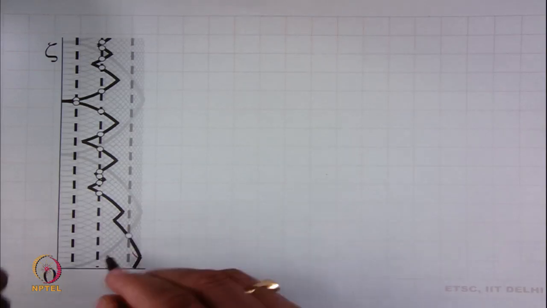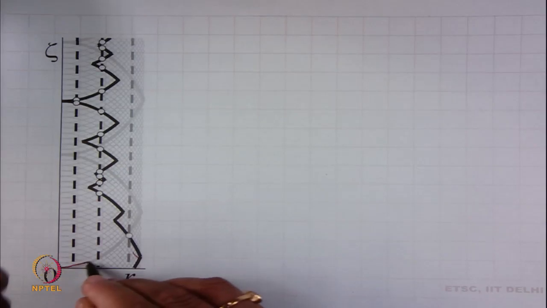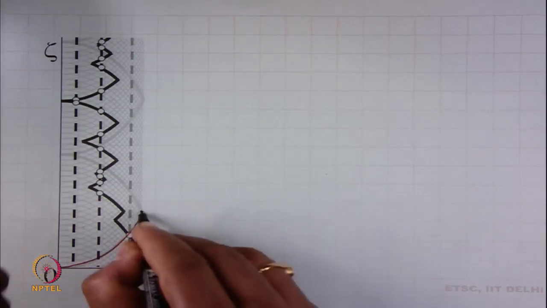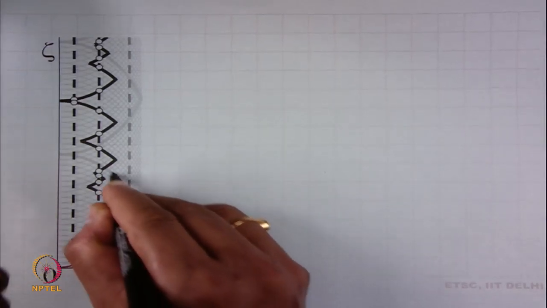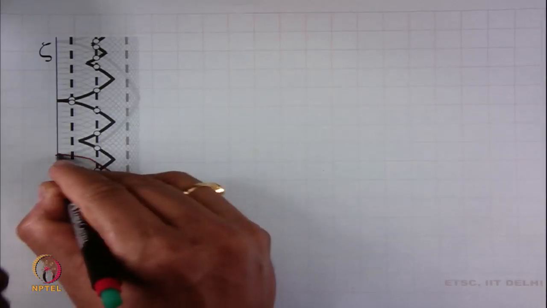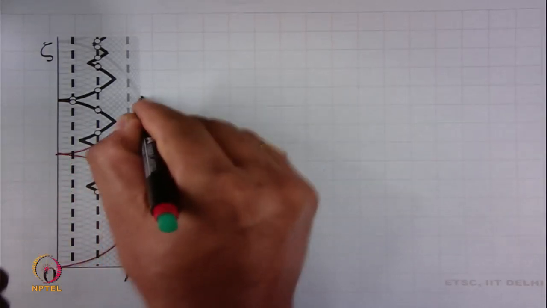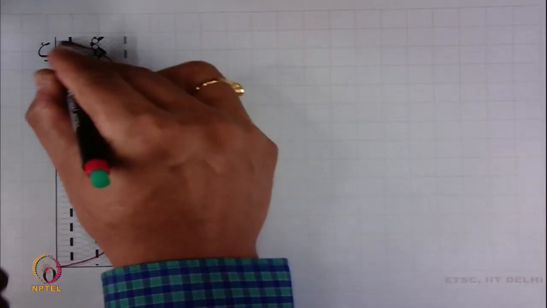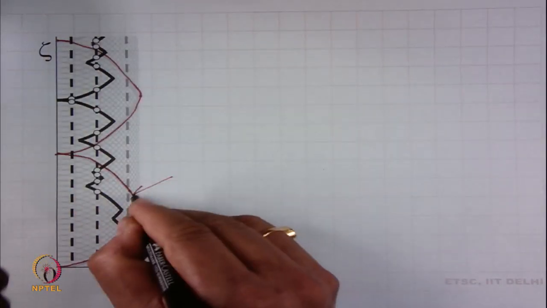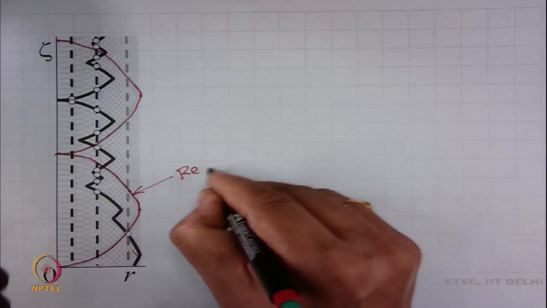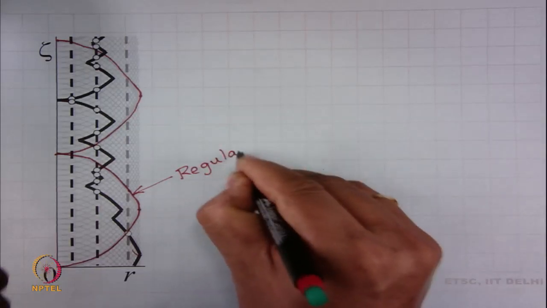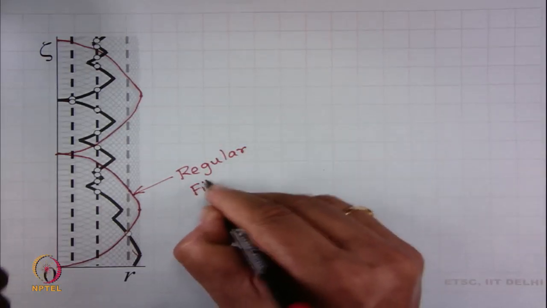So, in Taylor's model the path was assumed to be like this. Regular fiber path.